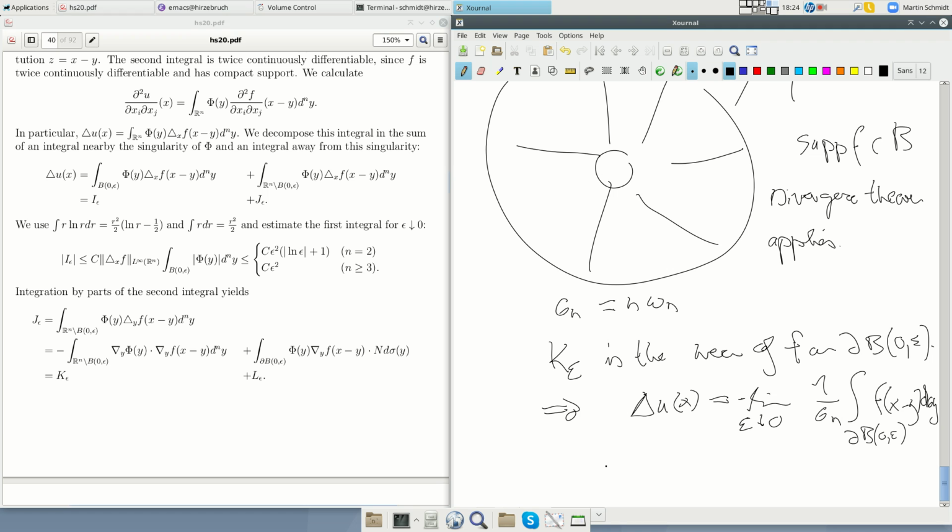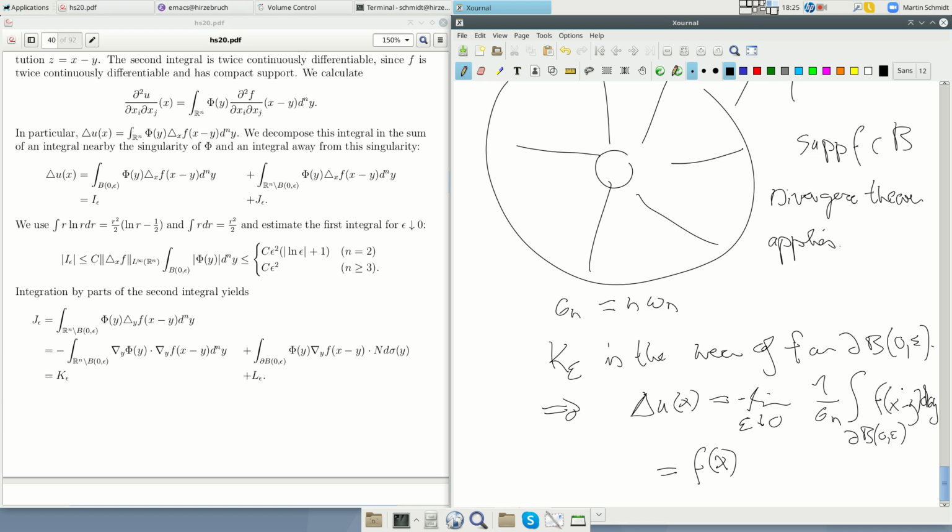And this limit here by continuity is clearly f of x, since if we make epsilon small enough, the values on the whole ball minus f of x is arbitrarily small.